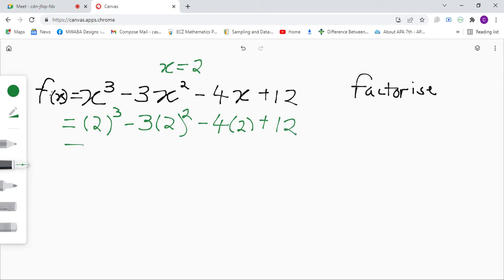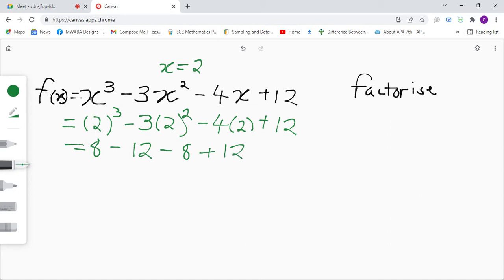So 2 cubed, that is 8, minus 2 to the power 2 is 4, 4 times 3, that is 12, minus negative 4 times 2, that's negative 8, plus 12.